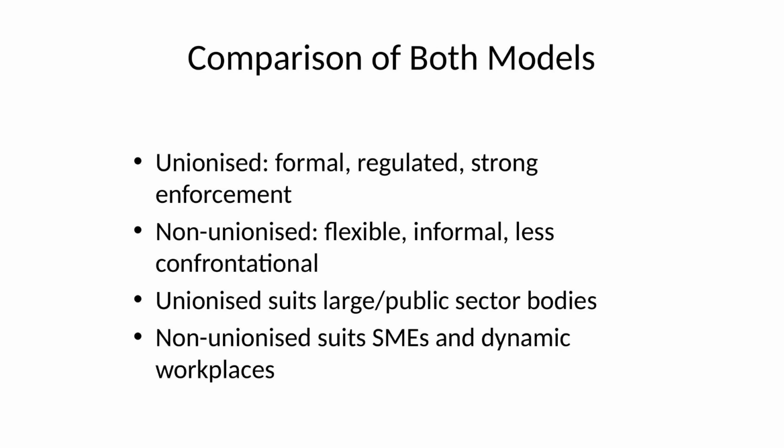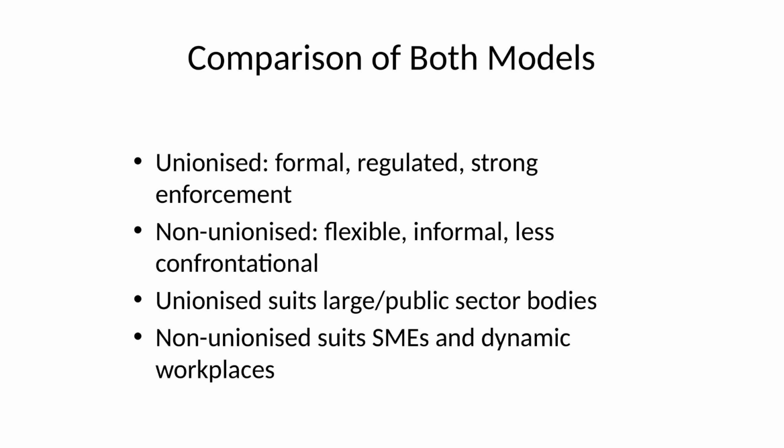Both models of collective bargaining have strengths and limitations. Unionized bargaining offers structure, consistency, and legal enforceability, making it suitable for large or public sector organizations where scale demands formal agreements. However, it can be adversarial and slow. Non-unionized bargaining is more adaptable and can promote a partnership approach, but may lack authority and risk employer dominance.